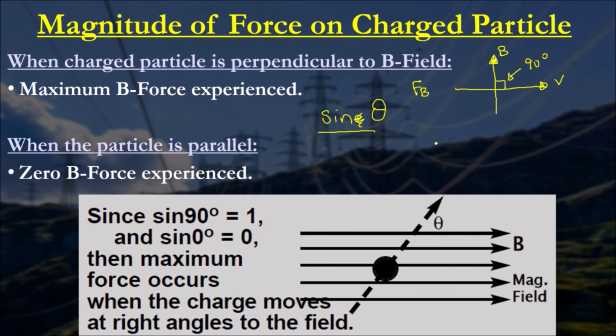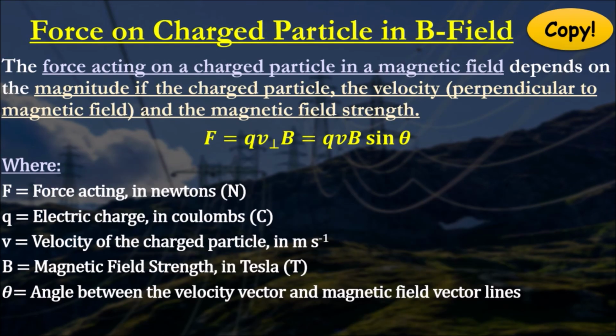If it's parallel, so if the magnetic field is going in this direction and the velocity is going in this direction, then there is no magnetic force experienced by a charged particle. So sine theta is the best one to use, because sine 90 is 1, and sine 0 is 0. And so this comes with our formula for the force on a charged particle.